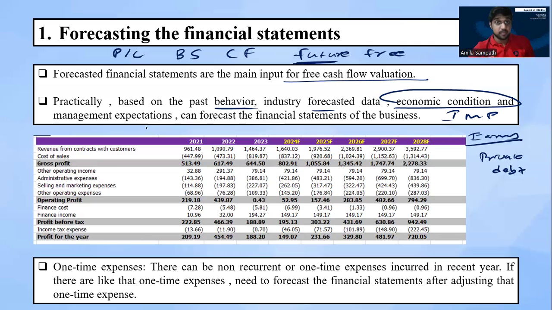Other things, like the management expectations. Let's assume that based on my analysis I forecast the earning assets as 100 million, but management says no, they can't reach 100 million, their forecast is 90 million.